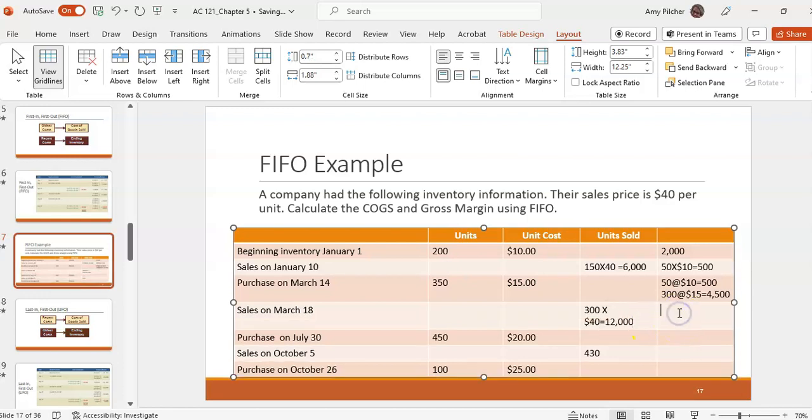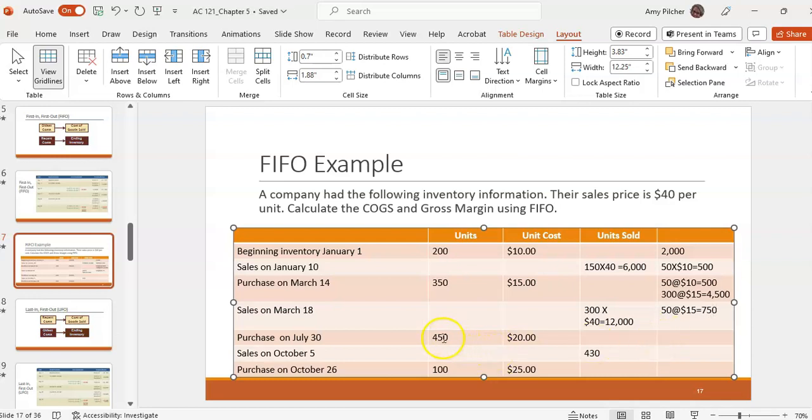We had to sell the 50 at $10 first, so we need another 250 to make this 300-unit sale. So we sold 250 of the 300. Now we have 50 left at $15, which is $750.